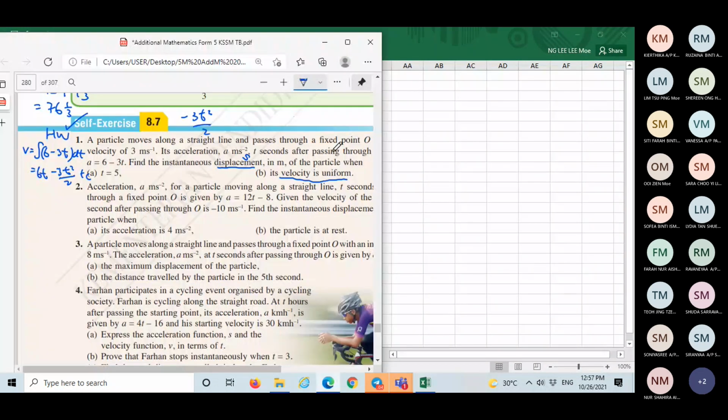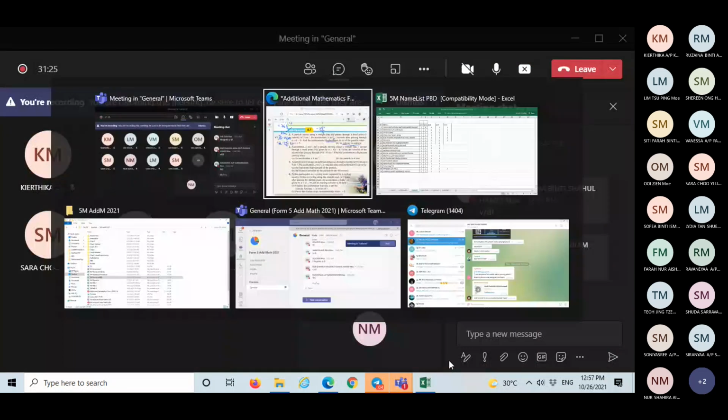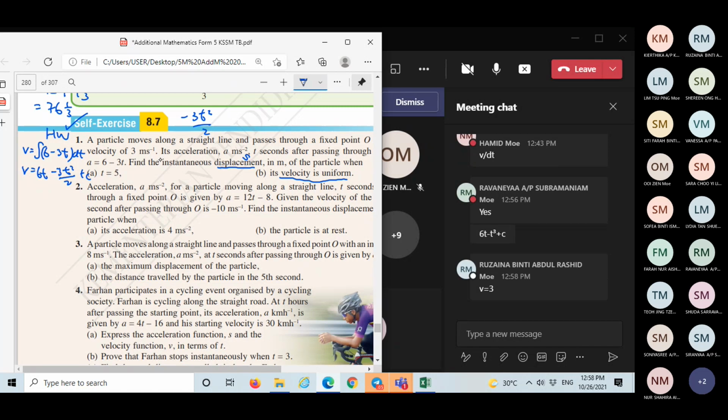Ruzaina, I want to find the C. Can you please tell me what conditions I can put to find the C in this case? What is the V and what is the t? Is Ruzaina here? Okay, V is 3, then what is the t?